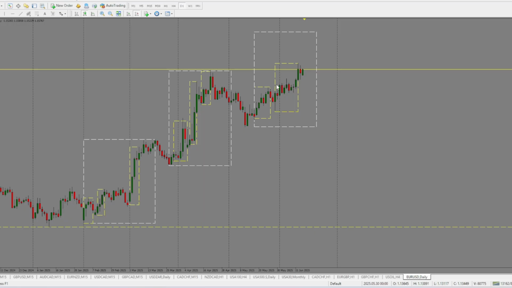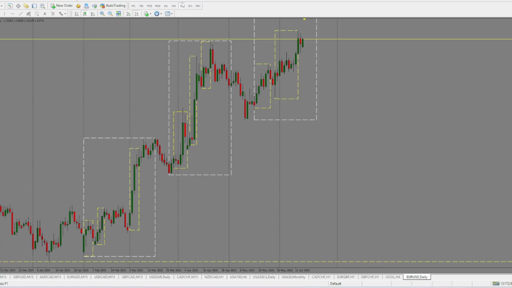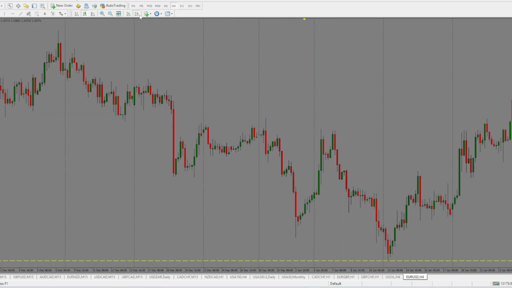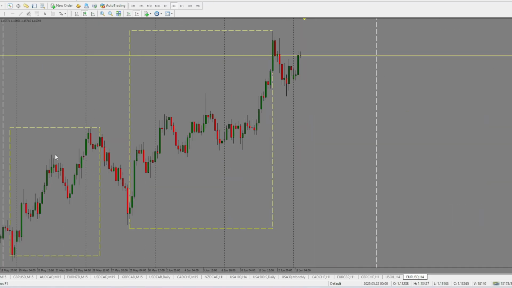So for us now, we've said within one higher time frame level, we expect to see 3 levels of the lower time frame. So we now need to go on the lower time frames to check if these are actually valid levels and are actually completed levels, so that we can know and expect and find what to expect.